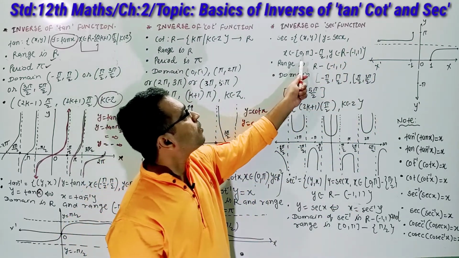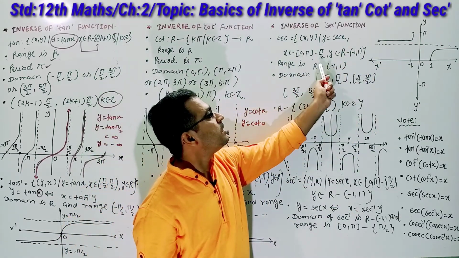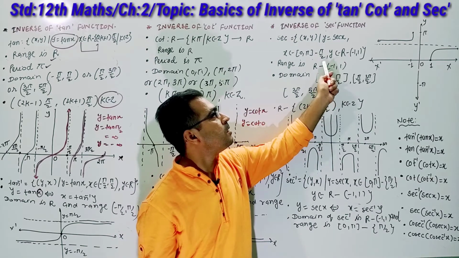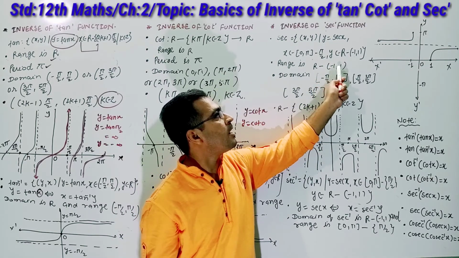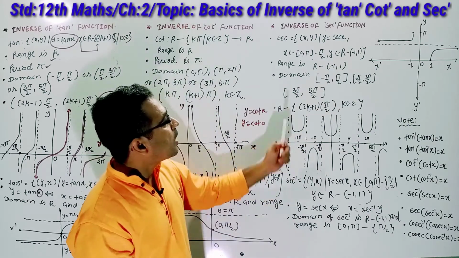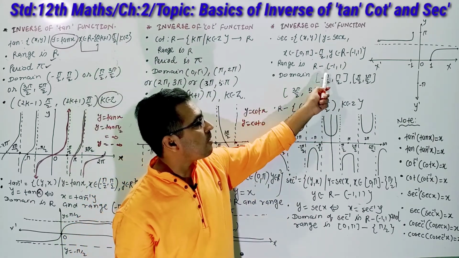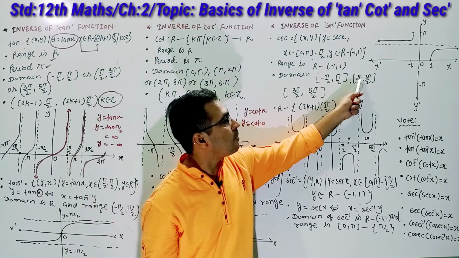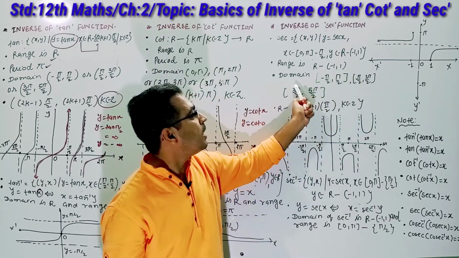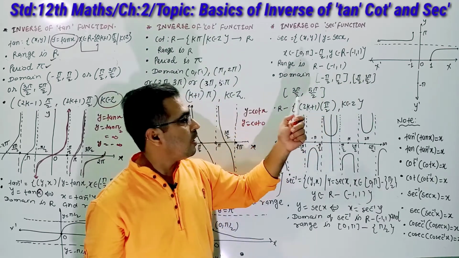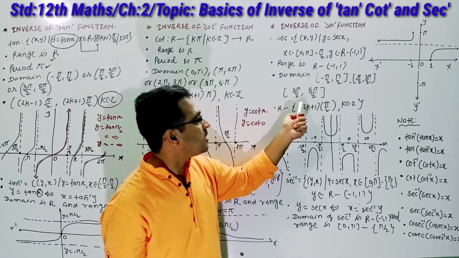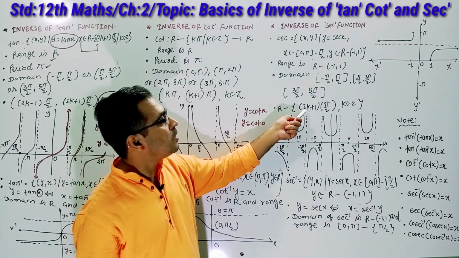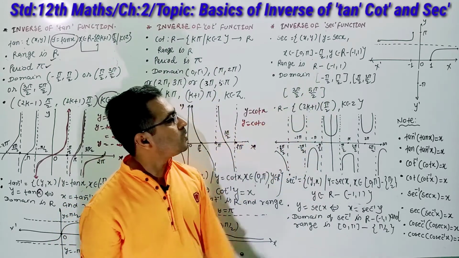So the range of sec x is R minus the open interval minus 1 to 1. And the domain is the closed intervals minus pi by 2 to pi by 2, pi by 2 to 3 pi by 2, and 3 pi by 2 to 5 pi by 2. So this domain can be generalized as R minus (2k plus 1) pi by 2.